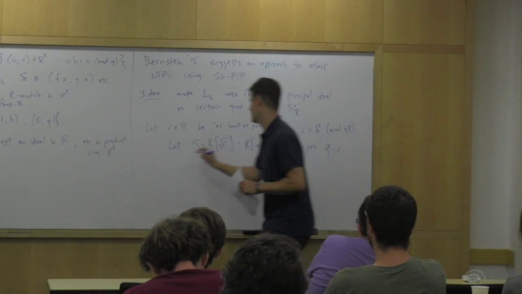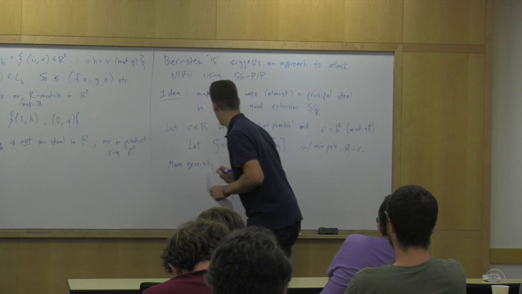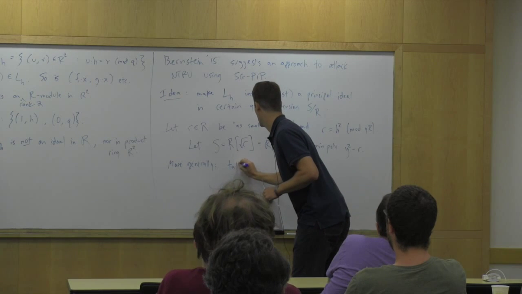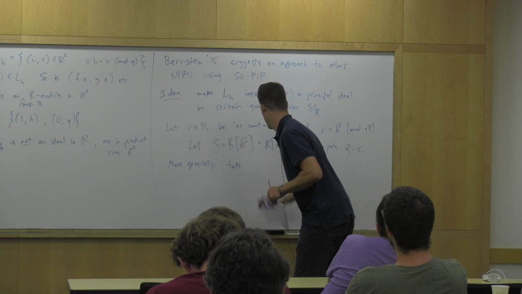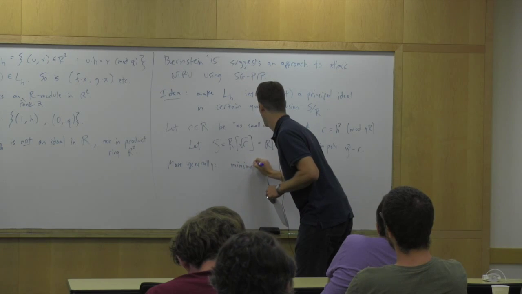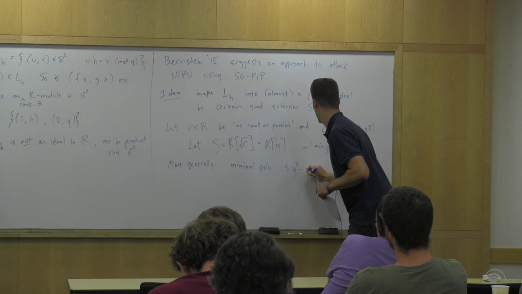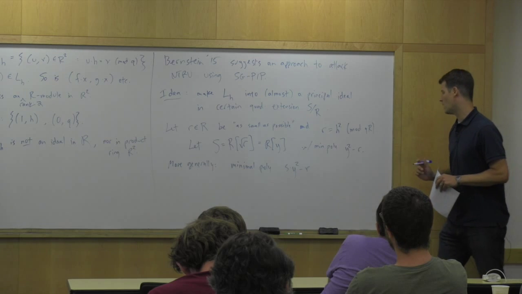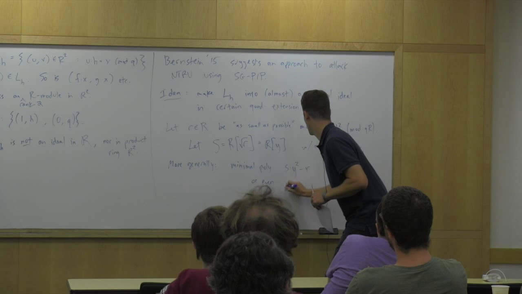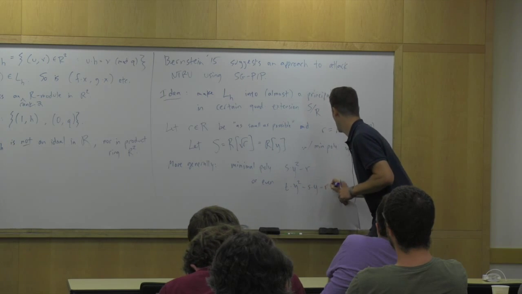More generally, this isn't the only thing you can do, but in the same spirit, we could take Y to have minimal polynomial, say, sY squared minus r, something like this, or even tY squared minus sY minus r.